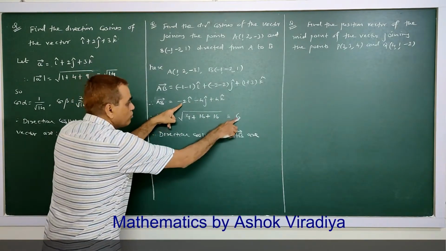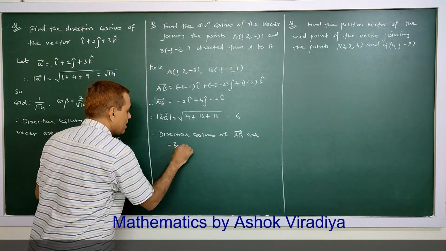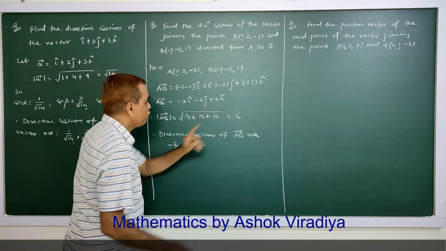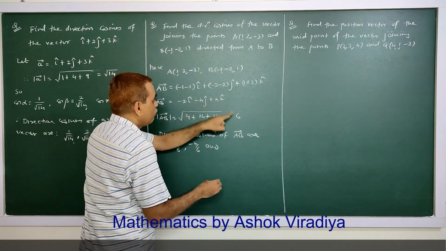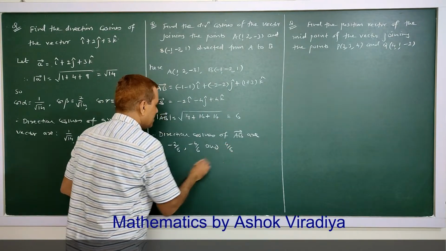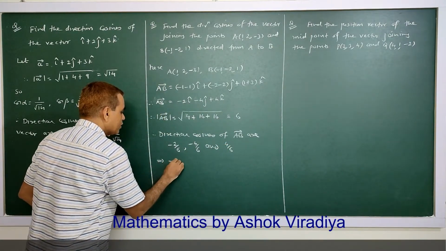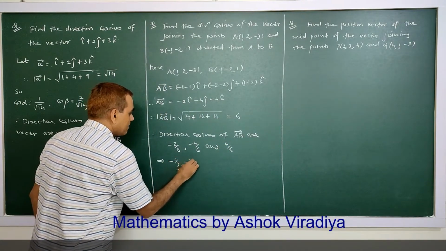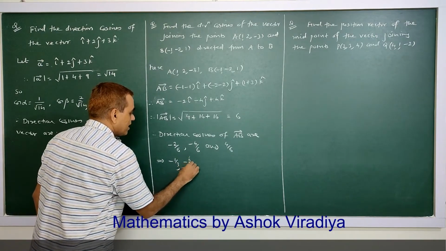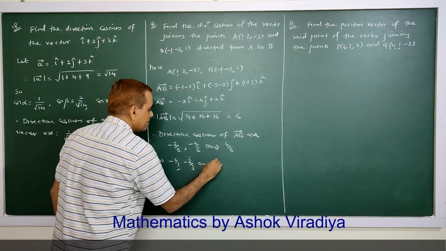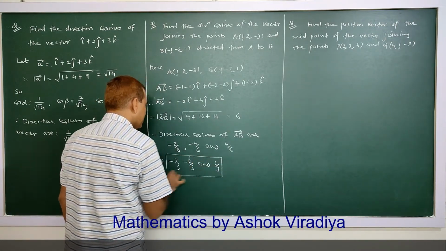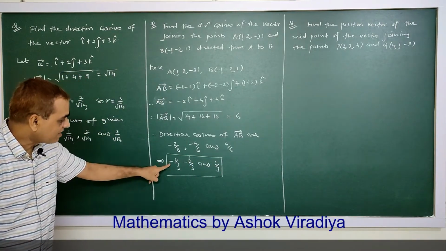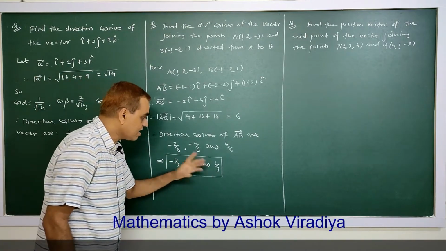So minus 2 by 6, minus 4 by 6 and 4 by 6, that is minus 1 by 3, minus 2 by 3 and 2 by 3. These are direction cosines. This is cos alpha, this is cos beta, this is cos gamma.